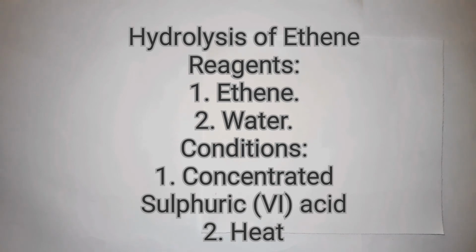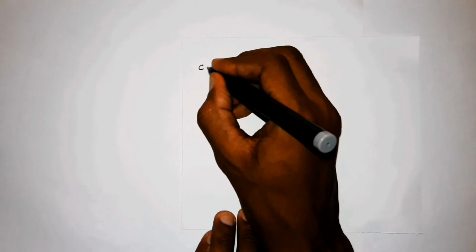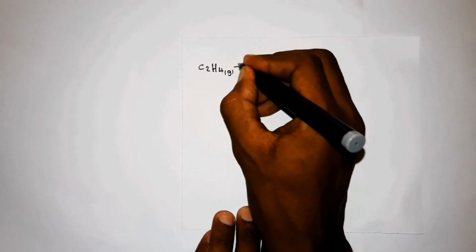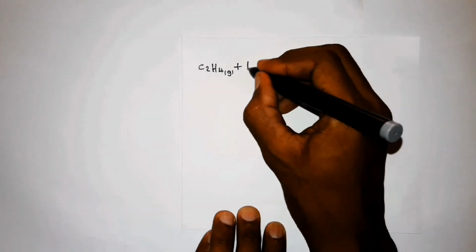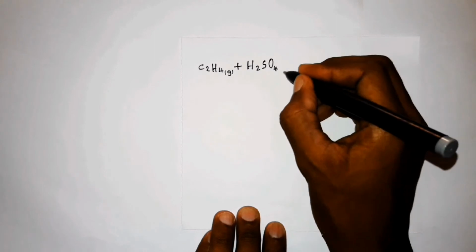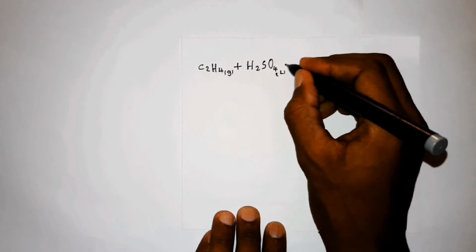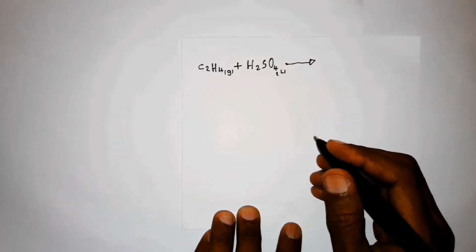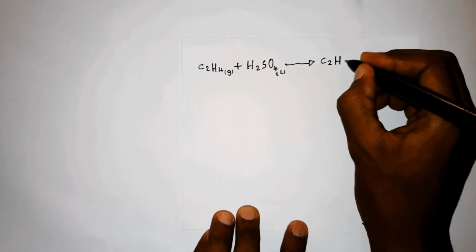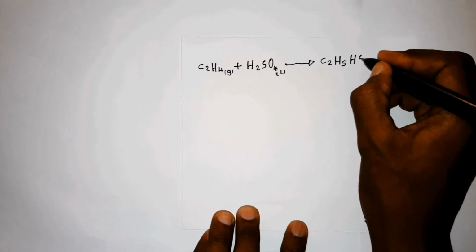The reaction occurs in two steps. In the first step, ethene, that is C2H4 gas, reacts with concentrated sulfuric acid, that is H2SO4 liquid. Therefore, this gives ethyl hydrogen sulfate, that is C2H5HSO4.